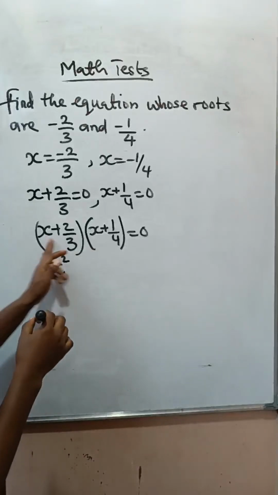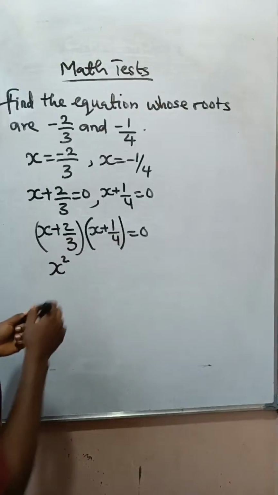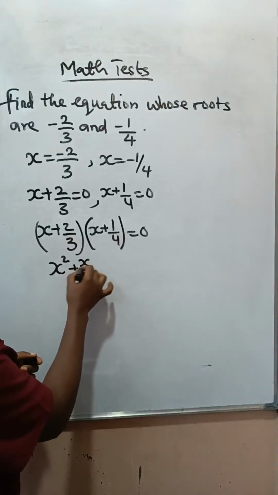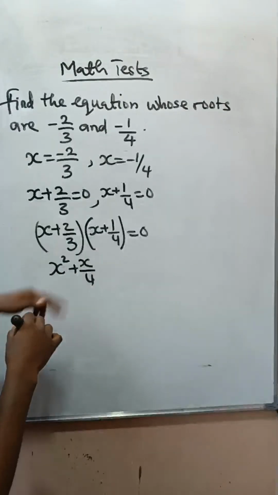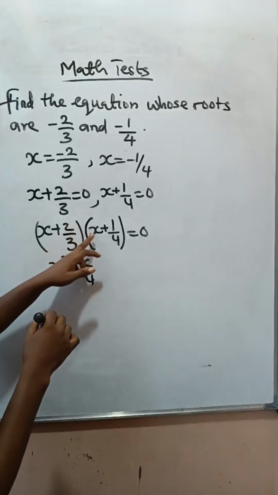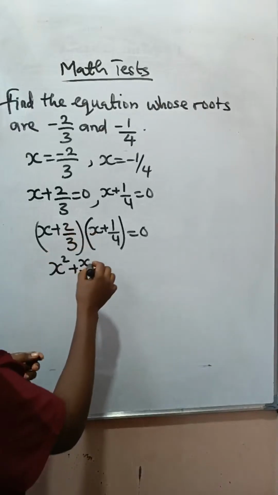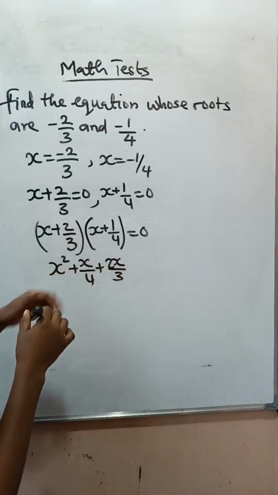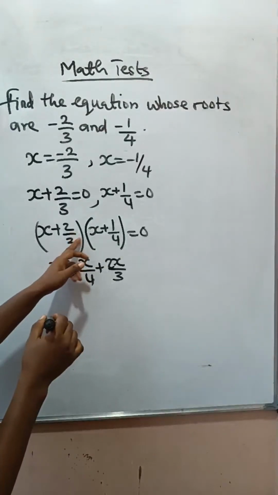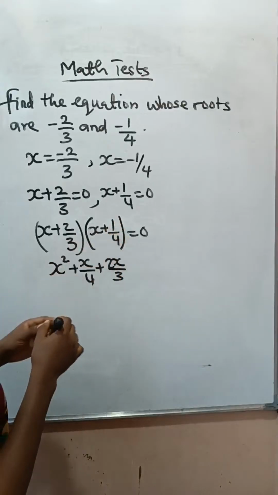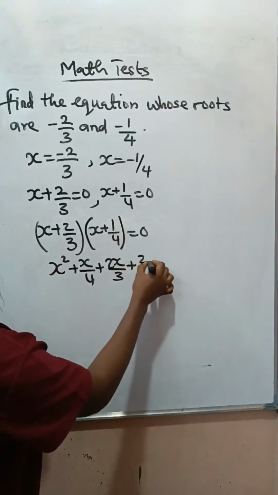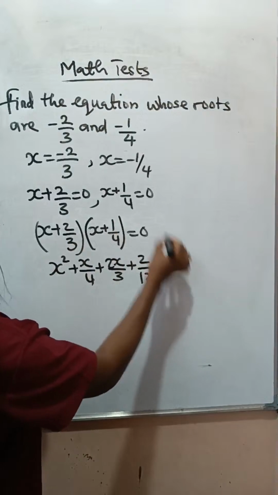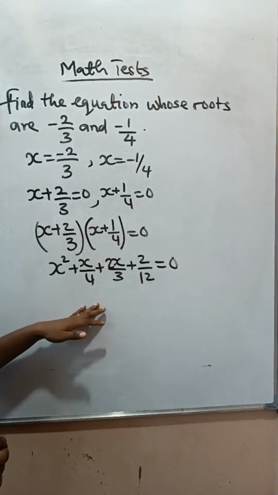Then we do x times 1 over 4, that will give us plus x over 4. Then we have 2 over 3 times x, that will give us plus 2x over 3. Then we have 2 over 3 times 1 over 4, and we are going to have plus 2 over 12 is equal to 0. This is what we are going to have.